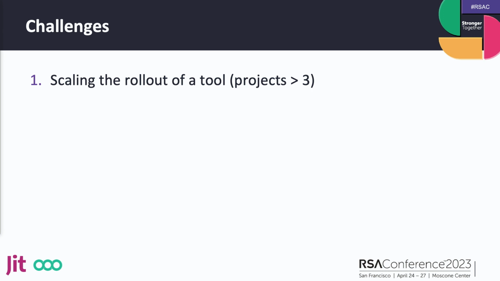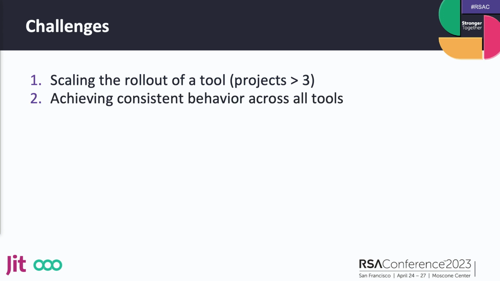to multiple projects. The second is, as you may guess, each tool has a different output. On one hand, you want to be able to get all the results back to the developer in a consistent way. On the other, you have to struggle with the difference between all the tools, because each developer or each maintainer of the tool thought a little bit differently about the experience.